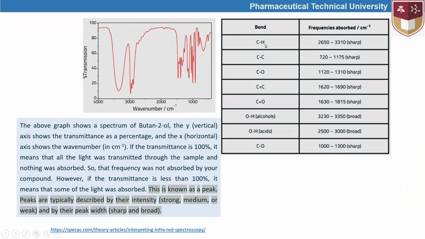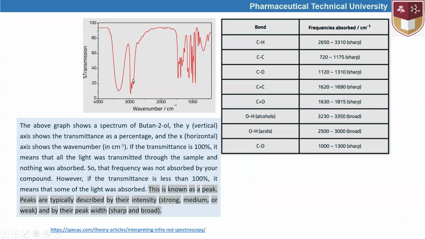And here we can see frequency absorbance in different reciprocal centimeters belonging to different functional groups. For example, these are the functional groups of butanol. I have to remind you this belongs to butanol and this belongs to butanol as well. The data are obtained from this website, and CH has 2,650 to 3,310 reciprocal centimeter, somewhere here.